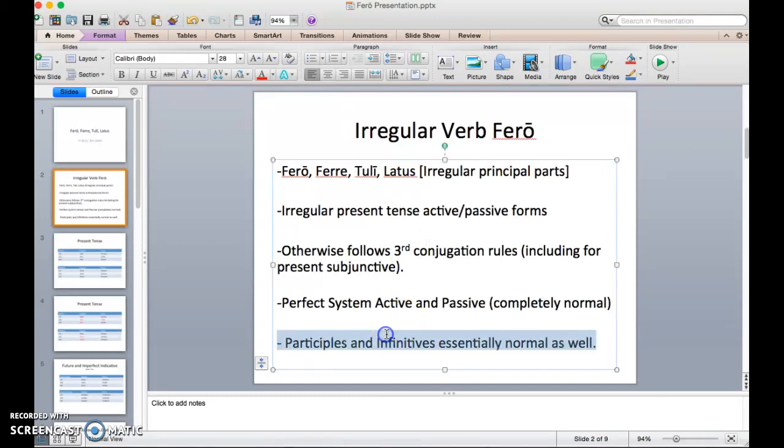And then finally, we're going to look at the participles and infinitives, and we're going to see that, again, those follow totally typical formation rules. It's actually going to be a really nice way to review your formation rules for all tenses and all forms of verbs, because there are going to be a lot of regular things. We're just going to have to really use our principal parts in order to help us form all these different tenses and such. All right?